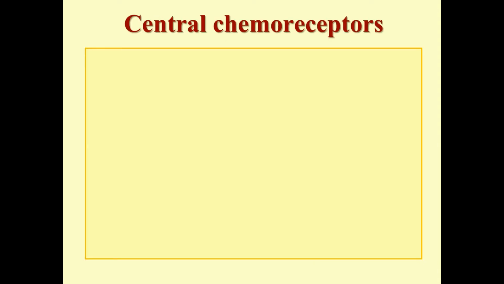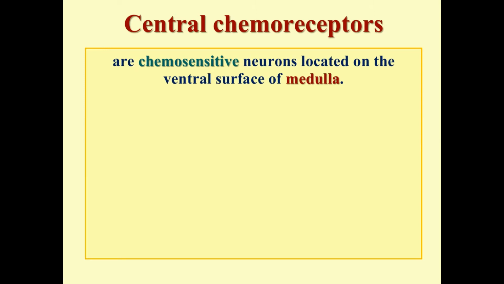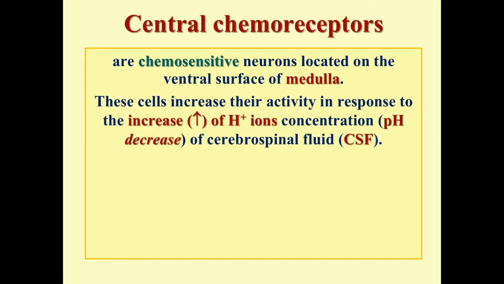The central chemoreceptors. Central chemoreceptors are the chemosensitive neurons that are located in the medulla on its ventral surface. These cells increase their activity in response to H+ ions mainly. The main stimulating factor is the H+ ion, and with its increase, the activity greatly increases.